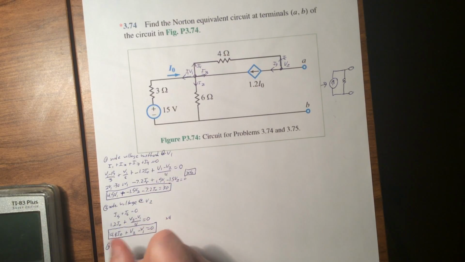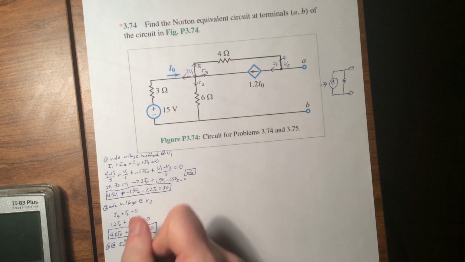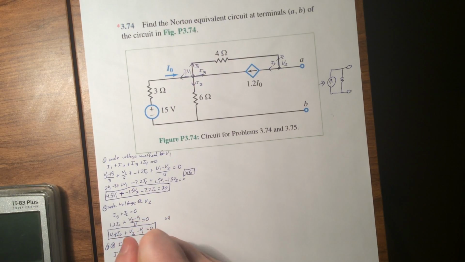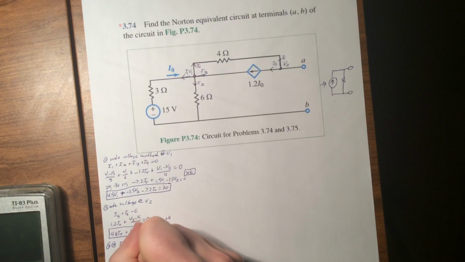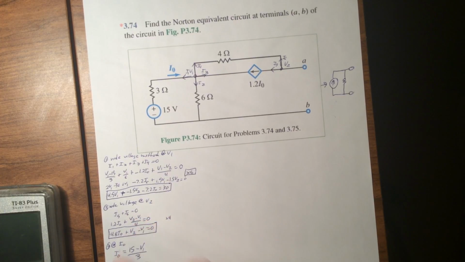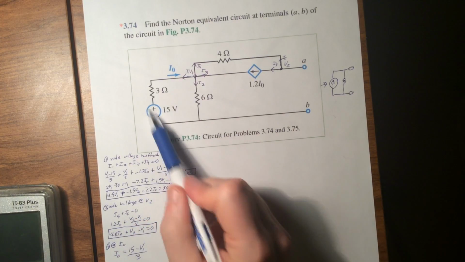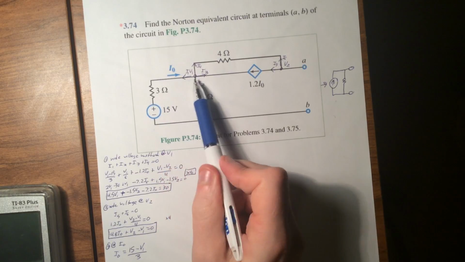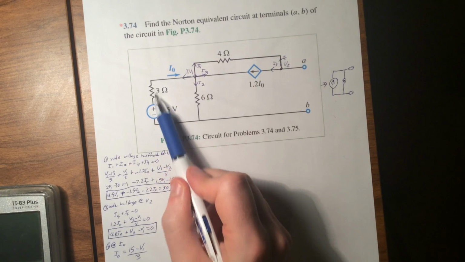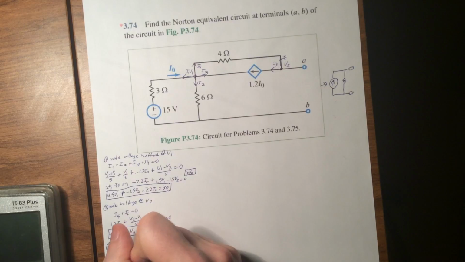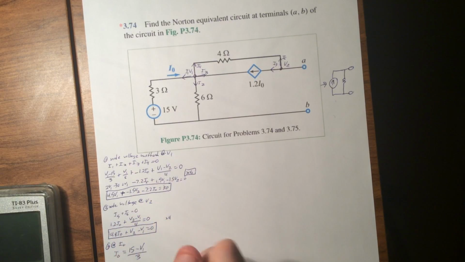So we can plug this in as I0 equals 15 minus V1 over 3. Again, we are going in this direction, so 15 minus V1, over the resistor in between the two, which is 3. So that's our third equation.